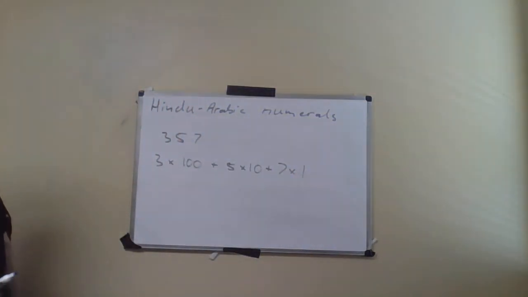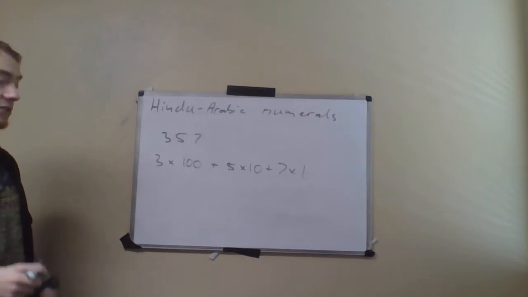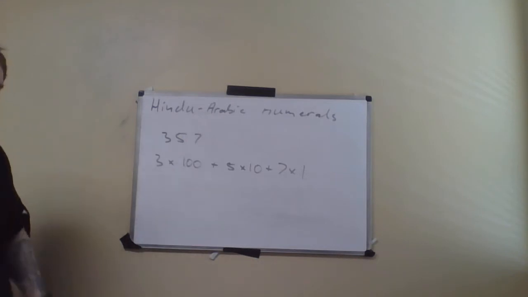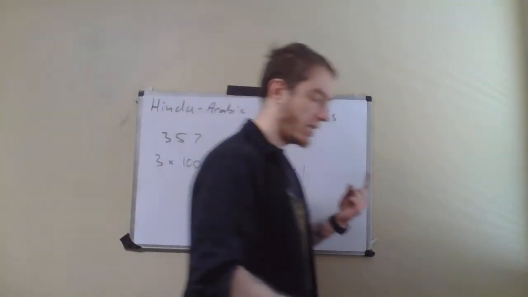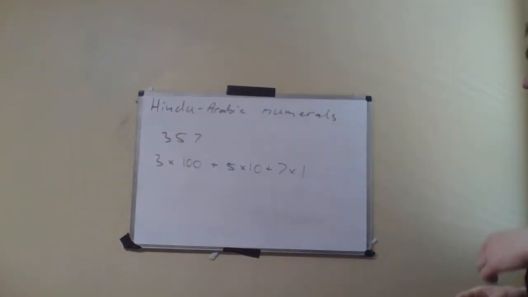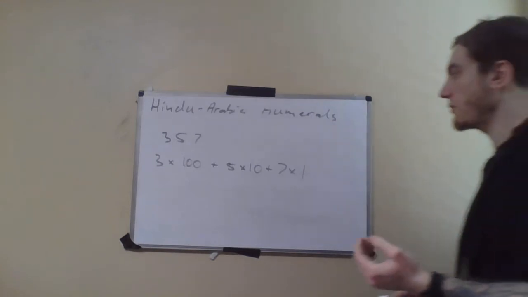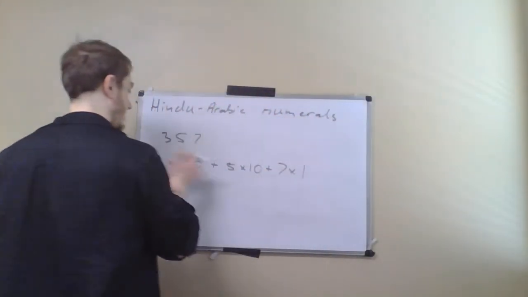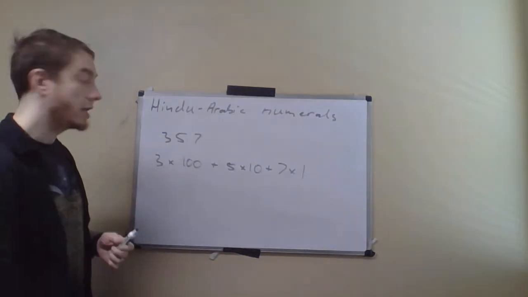And then what we can say is if you have something after the decimal point, it works the same way, except that we're talking about tenths and hundredths and thousandths and so on and so forth instead of ones and tens and hundreds and the like.